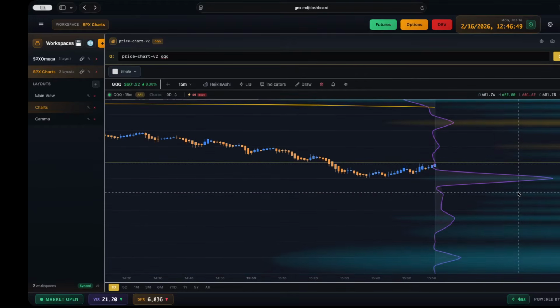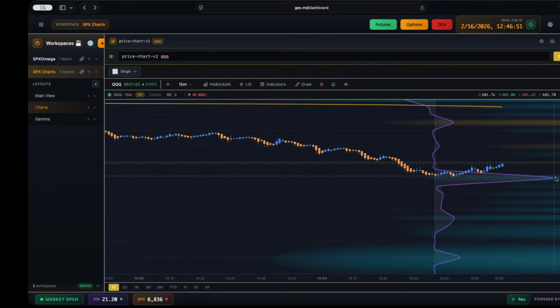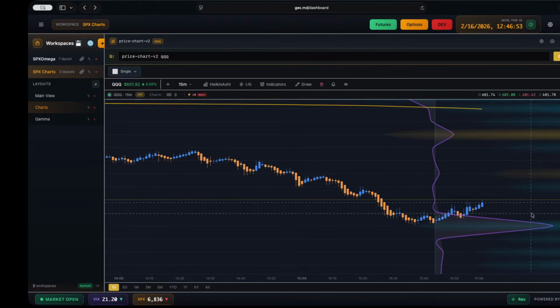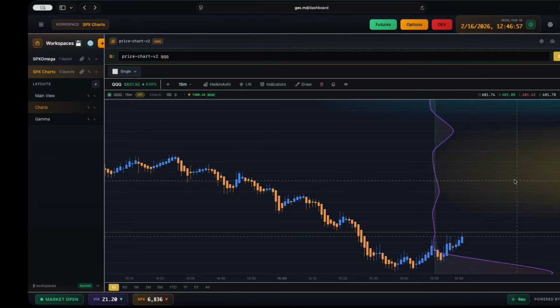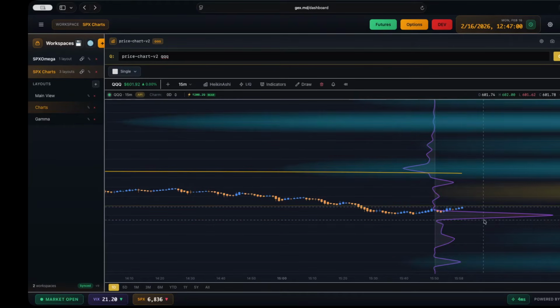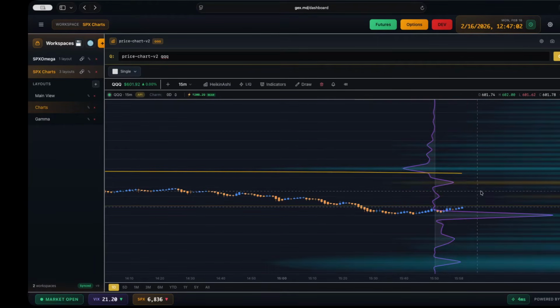So one thing you have to understand in this model: yellow is a rejection, blue is a magnet. See that yellow, it is on top of the price. Once we hit this, we're going to reject it.